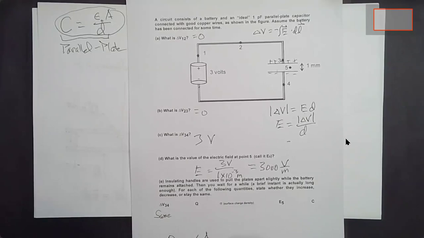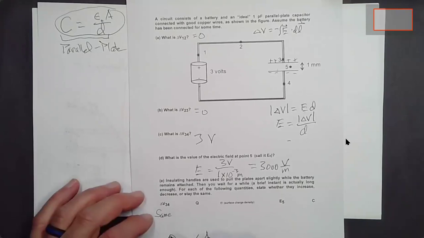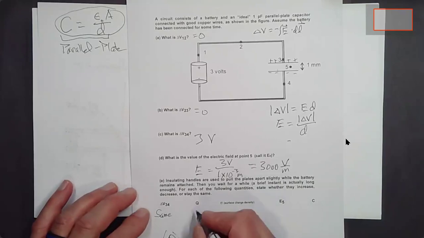It's going to increase, which means the capacitance will decrease, which means the ratio of charge over delta V is going to decrease. But if delta V doesn't change, if it stays the same, and this has to decrease, the capacitance decreases, then Q must decrease.